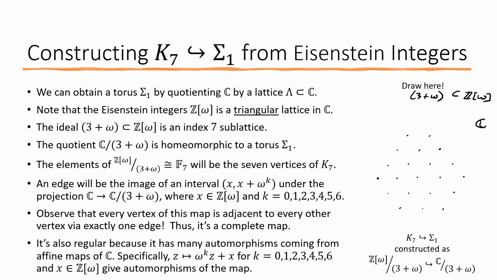So let me draw the fundamental domain for the ideal 3 plus omega. So I have 0 here, and then I have 1, 2, 3 plus omega, and so I also have inside of the ideal this point.